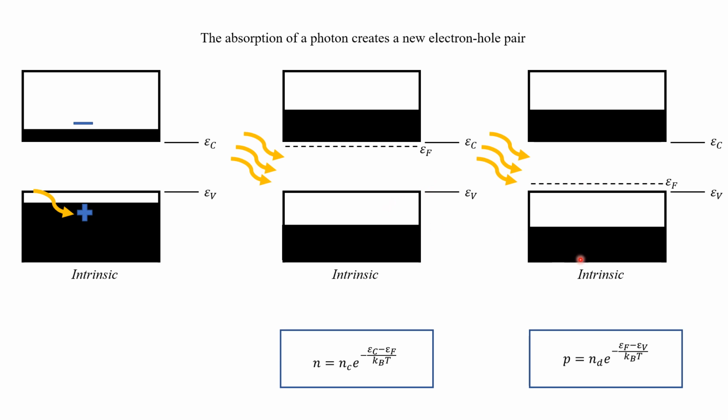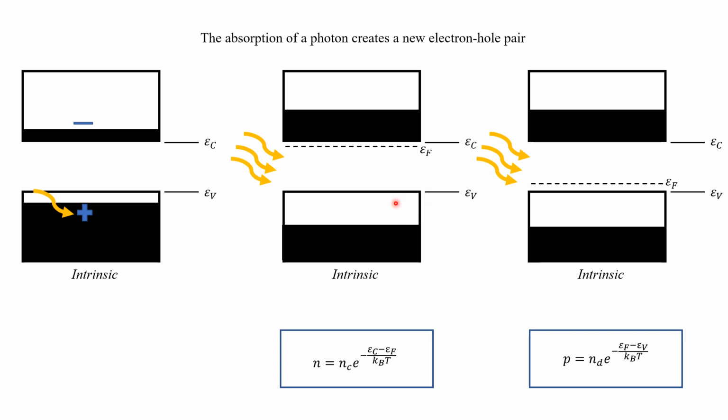So compare this situation, where we took the system out of equilibrium by shining light into it, with the situation where we change the concentrations by doping. When we do n-doping, we increase the concentration of free electrons at the expense of the concentration of holes.